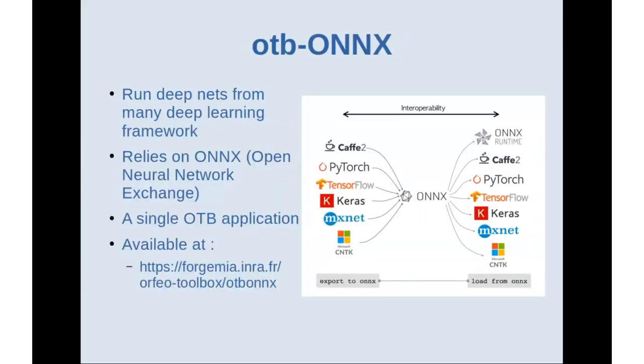So now I will change the subject and talk about OTB ONNX. ONNX stands for Open Neural Network Exchange. It's something heavily financed by Microsoft, Apple, Google, Facebook, and a lot of people working on AI. And it's open source, and it basically consists of a kind of broker between a lot of deep learning frameworks.